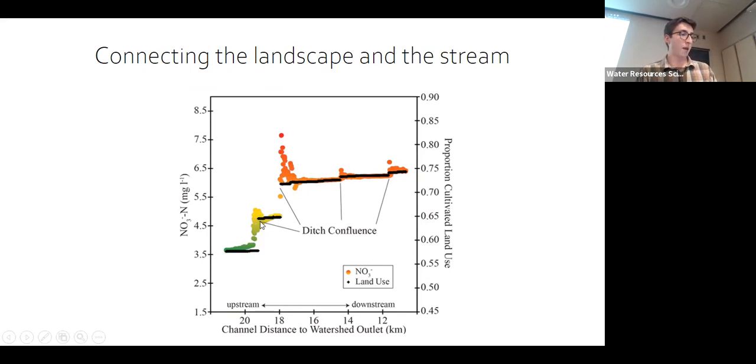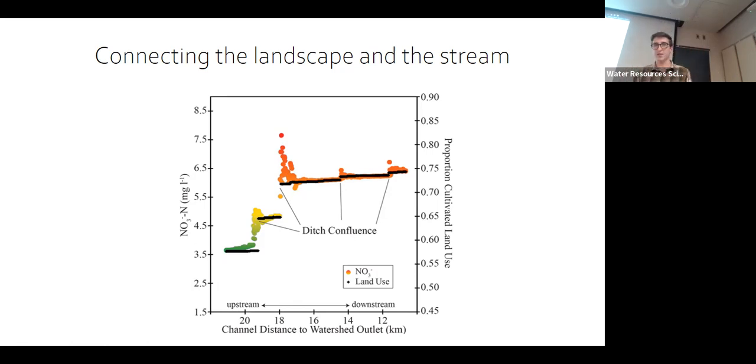And this change happens at these ditch confluences, but also more gradually as we paddle along these sections. So we see these gradual increases in nitrate concentration corresponding to these gradual increases in the proportion of cultivated land use draining to each of those points.